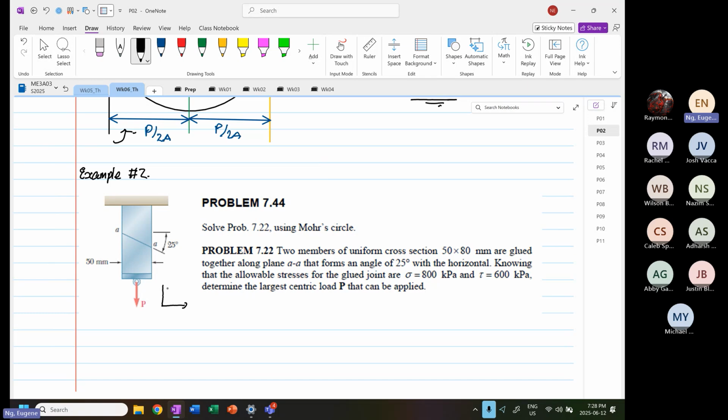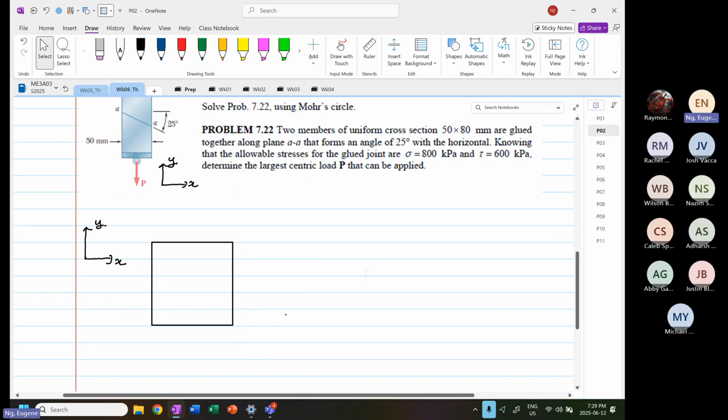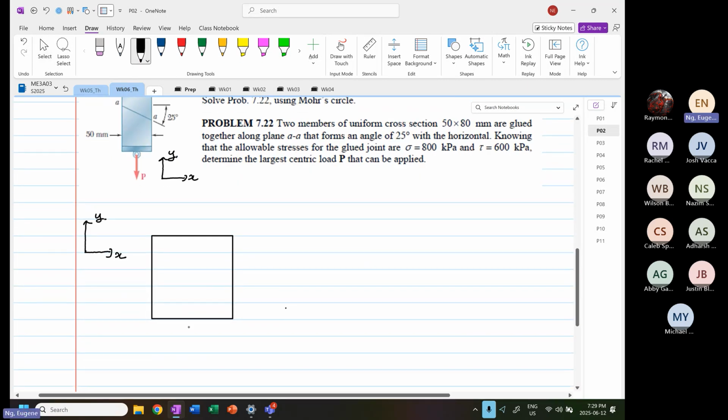The first thing we do is we are going to call this X and we're going to call this Y. Now we are going to draw an element. So this is X, and this is Y, and this is our first element that I'm sketching now. Over here we have a load coming down.